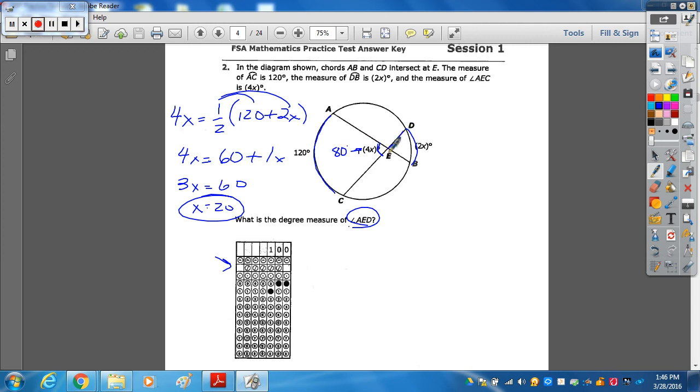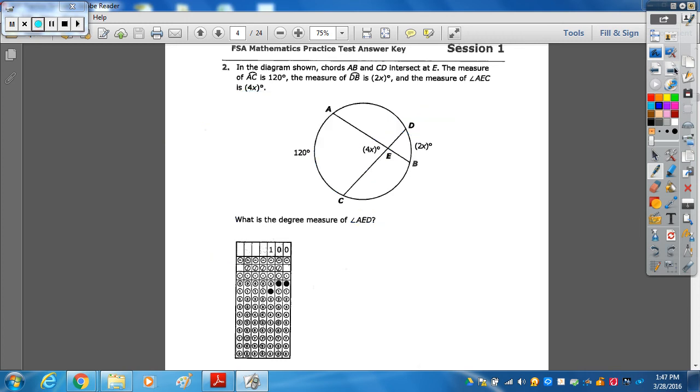I have to find this angle right here. Well, together they form a straight line, so if I take 180 minus the 80, you get your 100 degrees, which is giving you the answer down there, okay? So again, we'll review this, but don't forget, the angle formed inside the circle is the average of the two intercepted arcs. It's a basic concept, don't forget that.